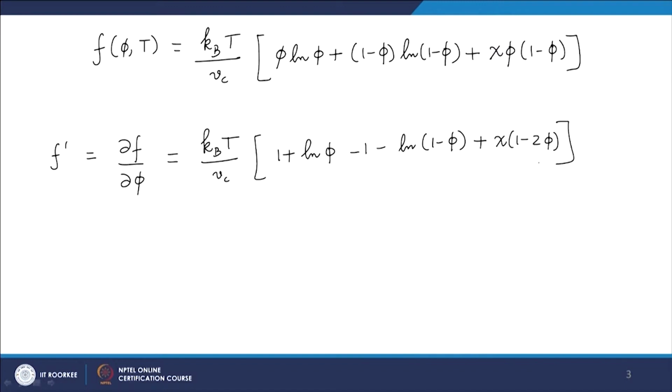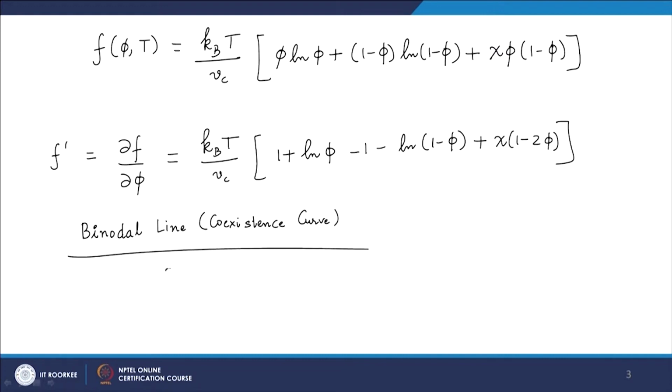Plus chi multiplied by 1 minus 2 phi. And so, for the binodal line, or the coexistence curve, in this particular case what we have is dou f by dou phi equal to 0.